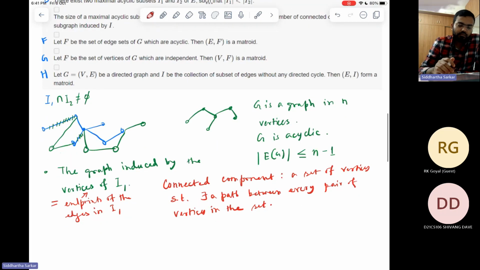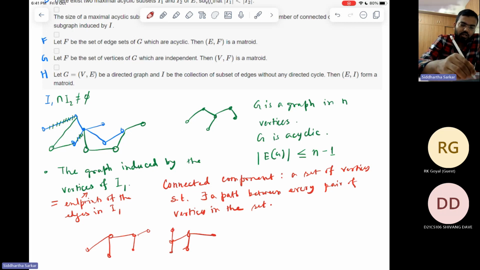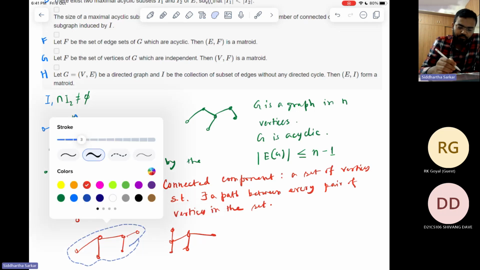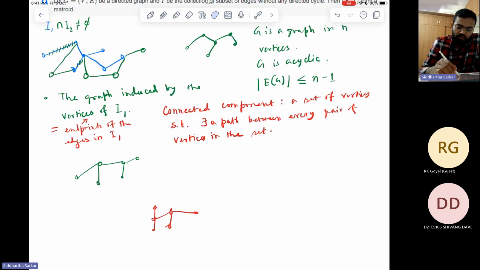So I am saying that I1 is an acyclic set of edges, but it is not necessary that I1 is a single connected component. For example, these green edges could be in I1 as well as these red edges could also be in I1.